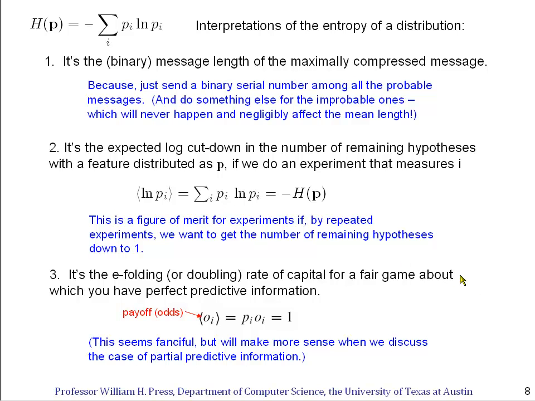So a way of saying that is the entropy is the e-folding, if it's in nats, or doubling, if it's in bits, rate of capital for a fair game in which you have perfect predictive information. This seems fanciful, but we'll come back to it in the next segment and you'll see that it's really kind of interesting.